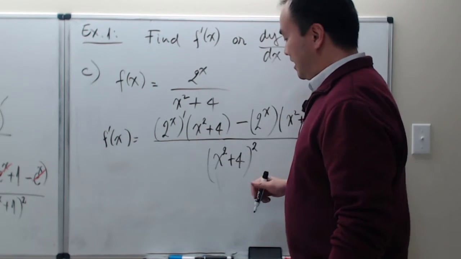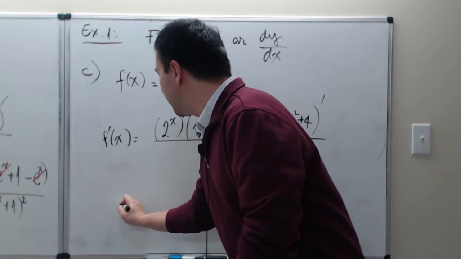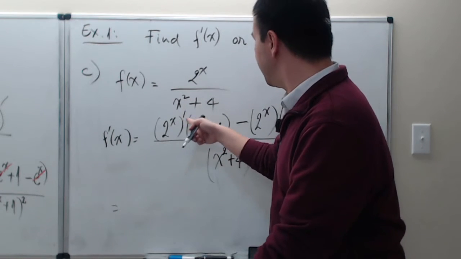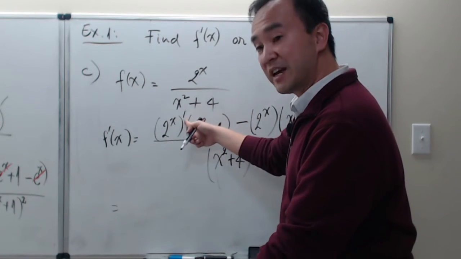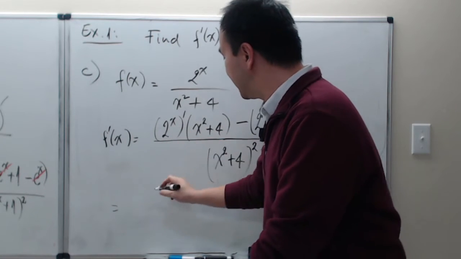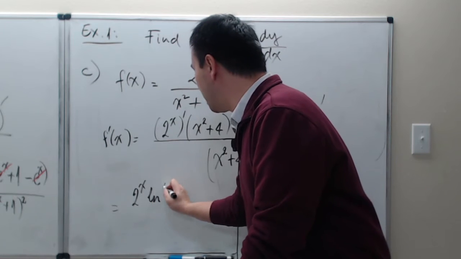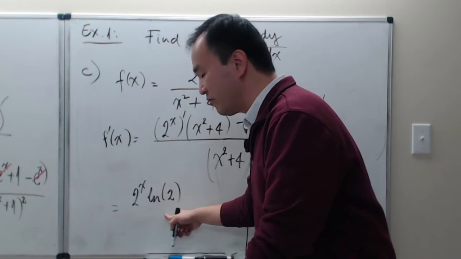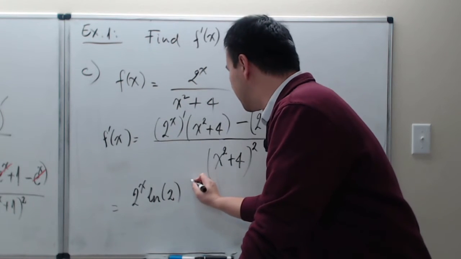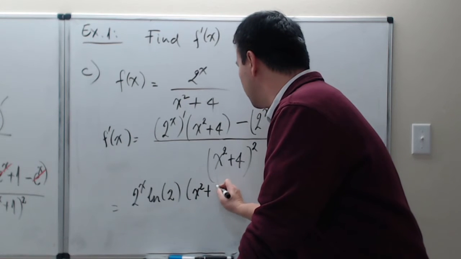All right, so now in the next step, it's just a matter of getting each of these derivatives taken care of. So 2 to the x gives me the derivative 2 to the x, but times an additional natural log of 2. It's a constant coefficient. And then times x squared plus 4.